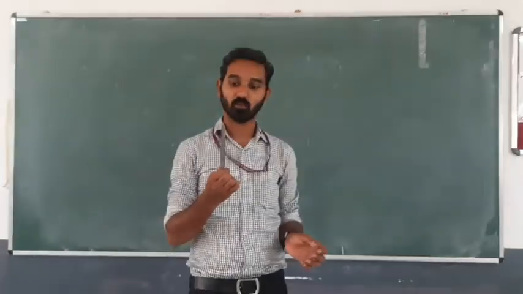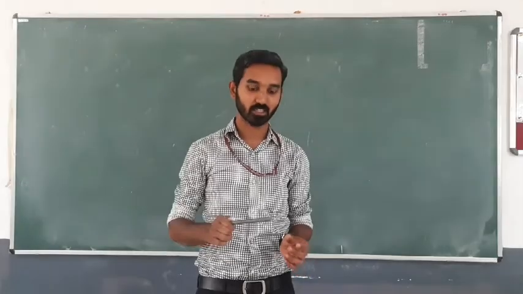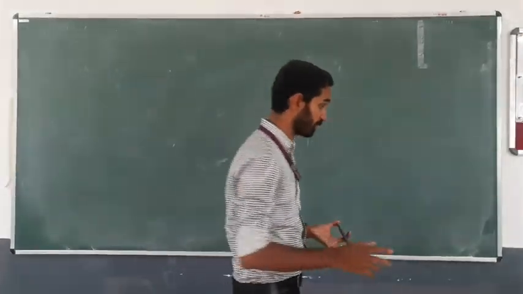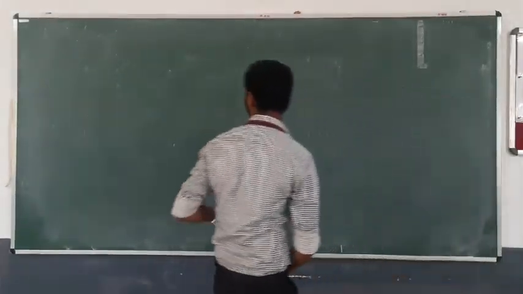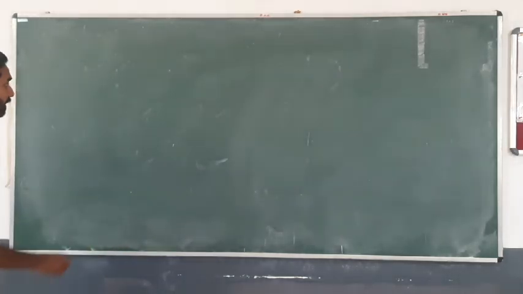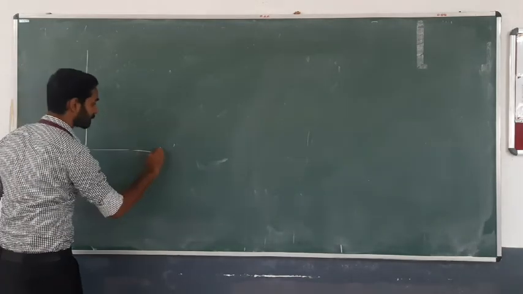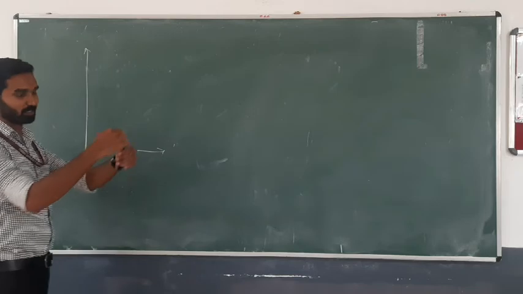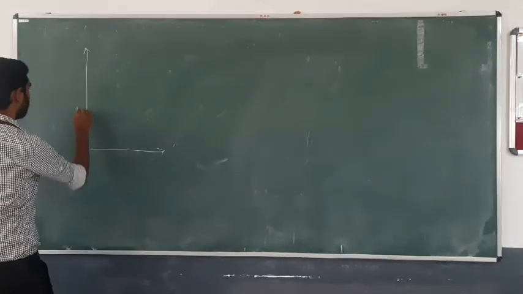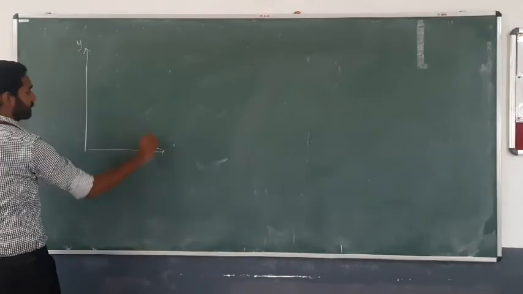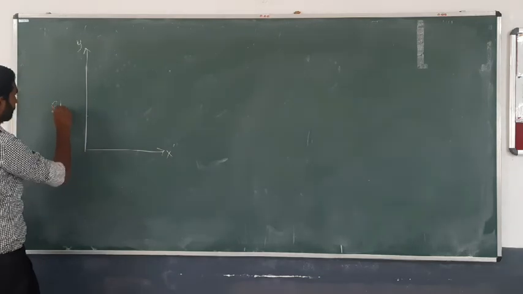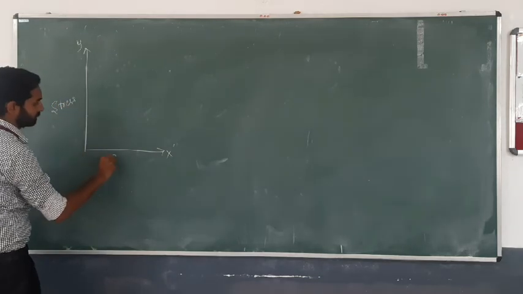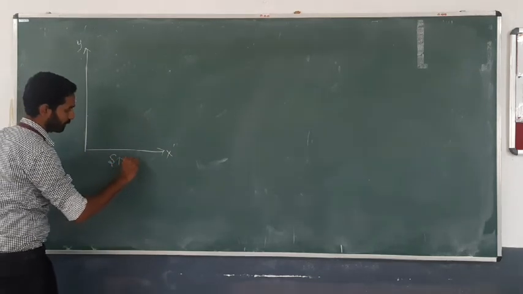So in this particular material other than mild steel, the cup and cone formation, or what we have discussed, upper yielding, lower yielding, nothing will be there. The experimental setup is again the same, considering A and B, y-axis, x-axis, stress, strain.